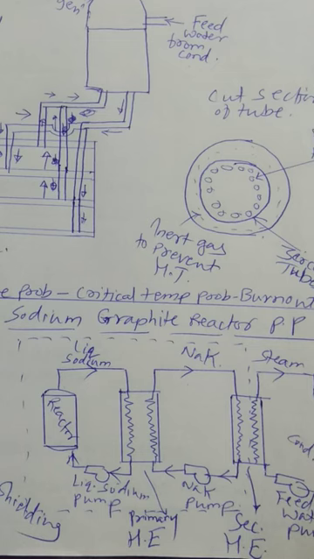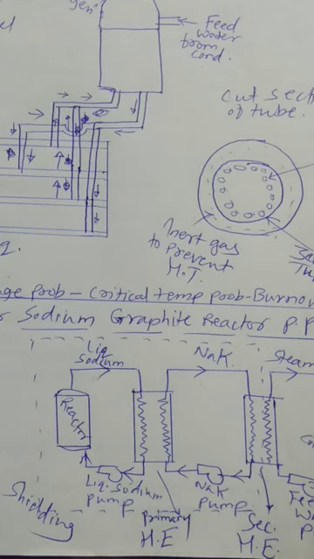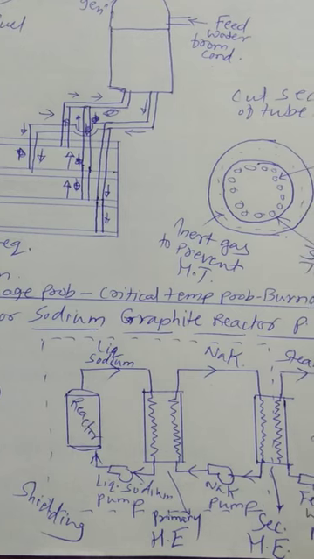If sodium reacts with air or water, it behaves violently, and that will be a drastic problem for us. So shielding is required for these two compartments, that is for the liquid sodium we are using as a coolant, and the sodium potassium we are using.